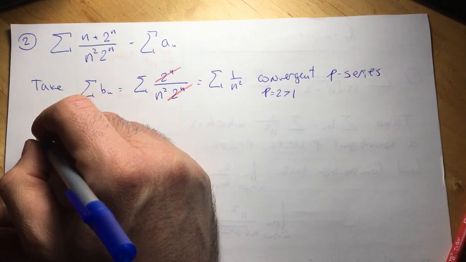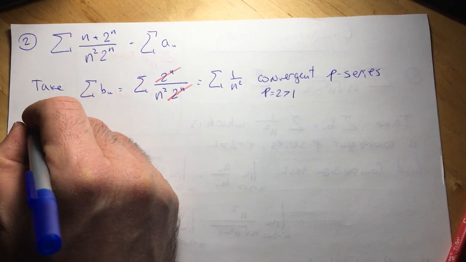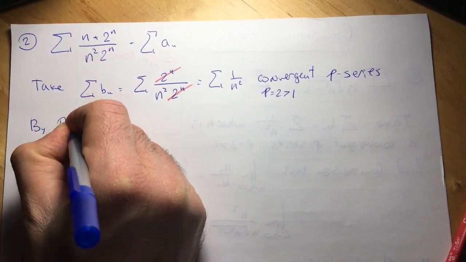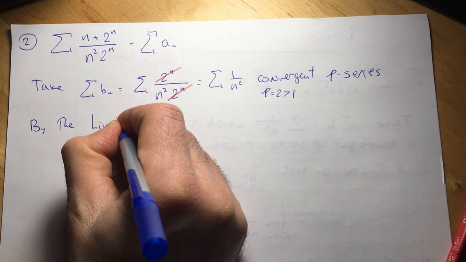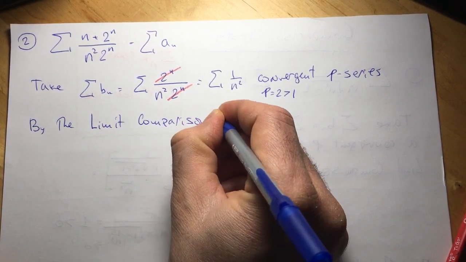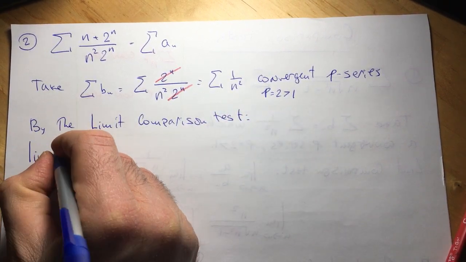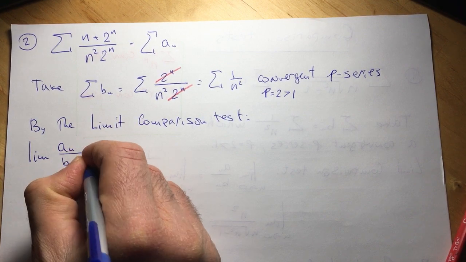Now again, I can use the limit comparison test. I have to check what happens with this ratio.